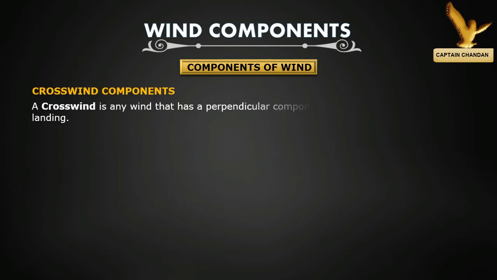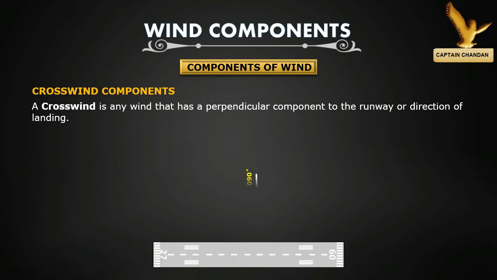A crosswind is any wind that has a perpendicular component to the runway or direction of landing. In the diagram, wind is coming from 060 degree direction and it will cross the aircraft path, so we can say this is crosswind. It can be any direction except parallel to the flight path.